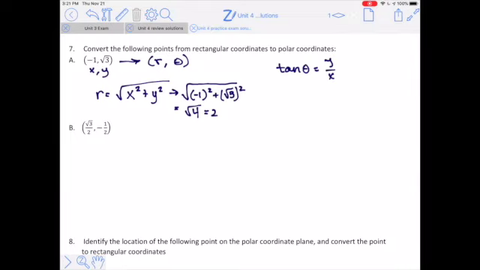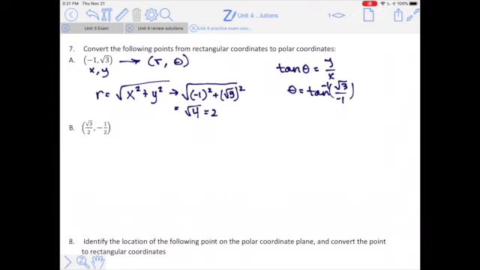And then theta would be the inverse tangent of y over x. Sorry, inverse tangent, there we go.